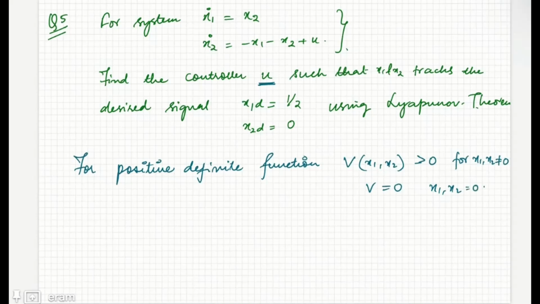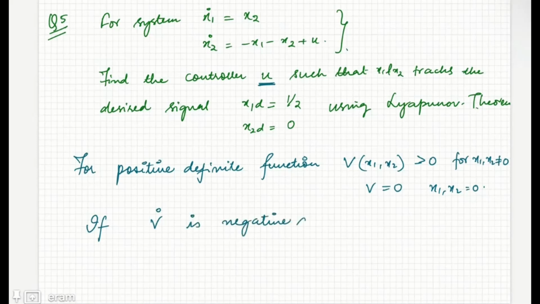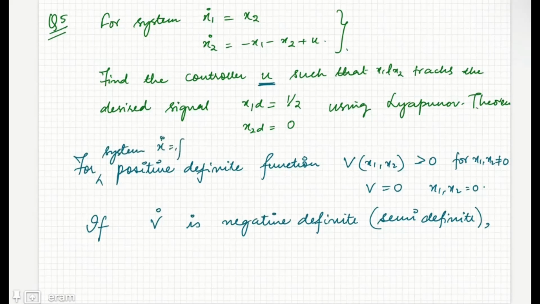If we can construct the derivative of V such that it is negative definite or semi-definite, then we are considering a system where u is some function of x.